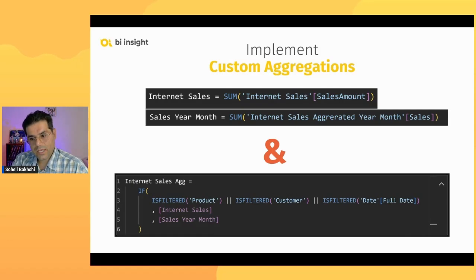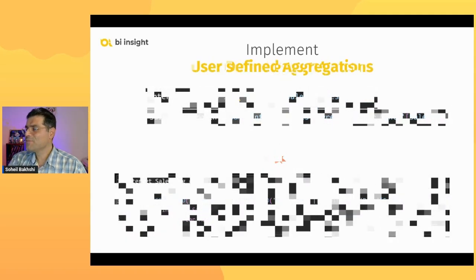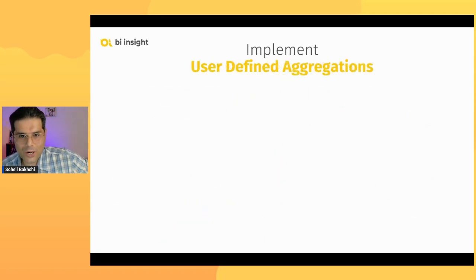In the expression at the bottom of the page, internet sales ag, I am looking at where the user is on every chart that uses these measures, and I identify the level that the user is at, and I navigate the user to use the specific measure that is built for that specific level. In the aggregation, I think it is a little bit complex without providing more explanation.